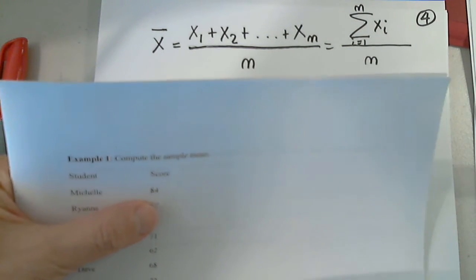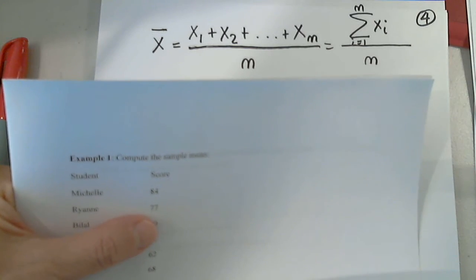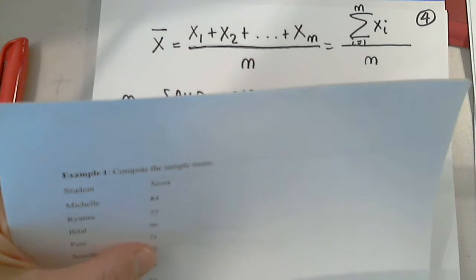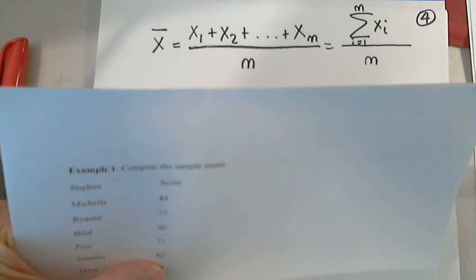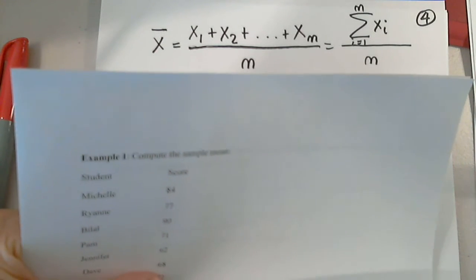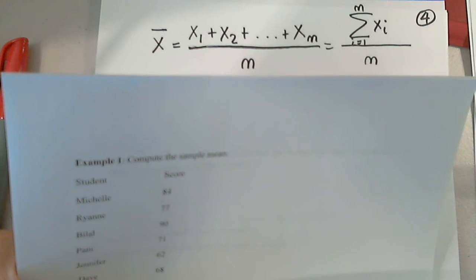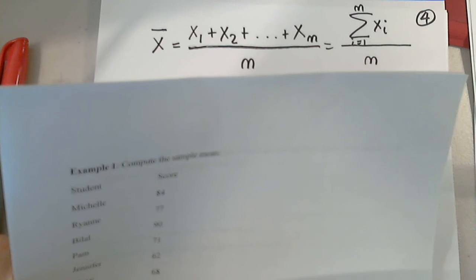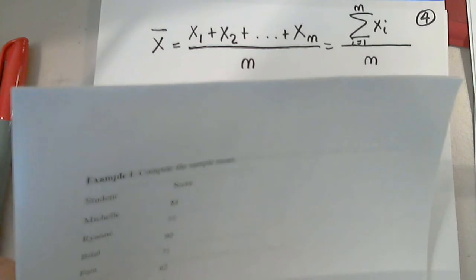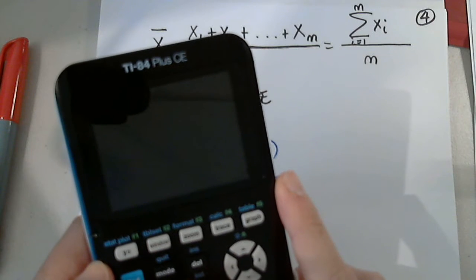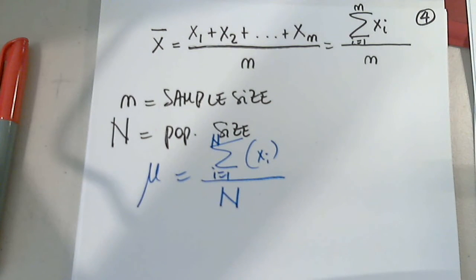When I enter it, 84, let me know if you fall behind, 77, 90, 71, 62, 68, 72, 84, 94, and 88. If you'd like to also enter it in the graphing calculator, I'll show you in a minute after I stop sharing.